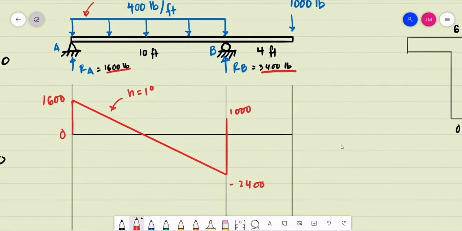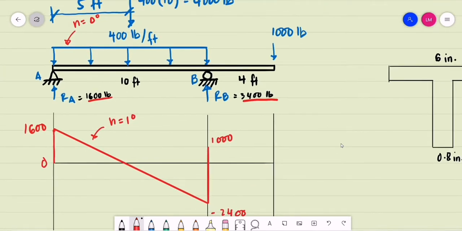If we observe our beam, we don't have a load from point B up to the free end of the cantilever portion, so we maintain this 1,000 pounds up to the free end. We have a downward load on our beam, 1,000 pounds. We do the summation: 1,000 less 1,000 gives us 0. So this is our shear diagram.